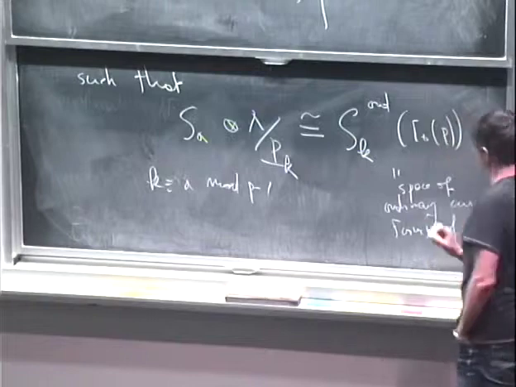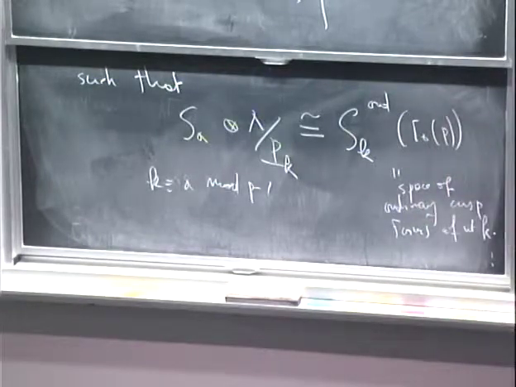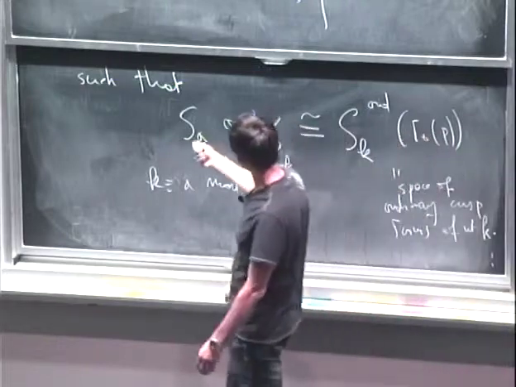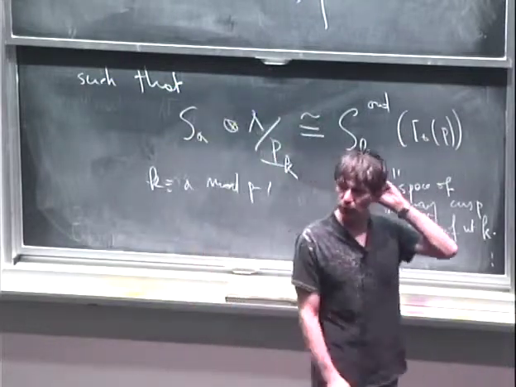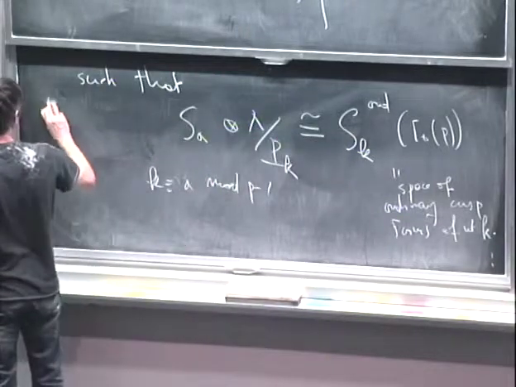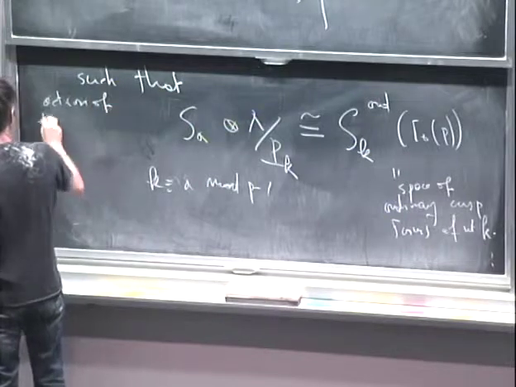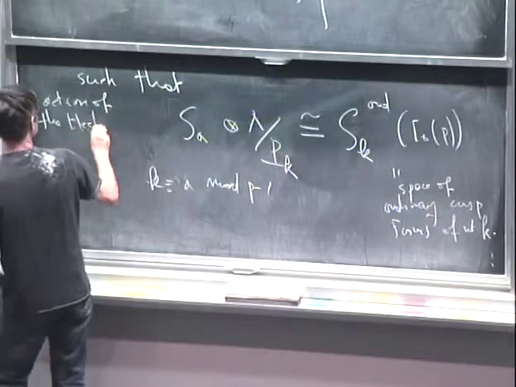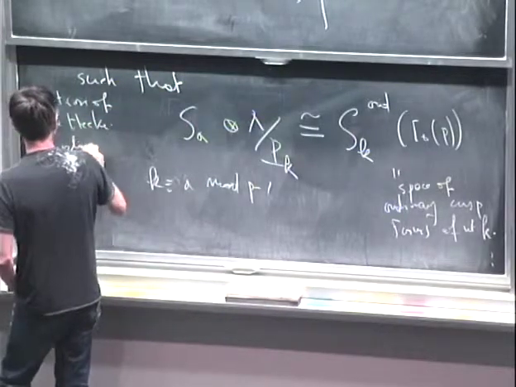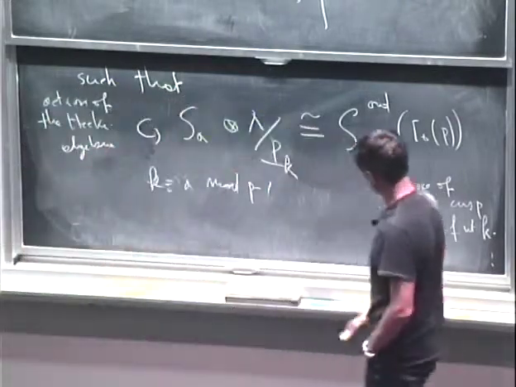And the main point here is that this space S_A is free over lambda. And moreover, there is an action of the Hecke algebra on this space, on the space S_A.